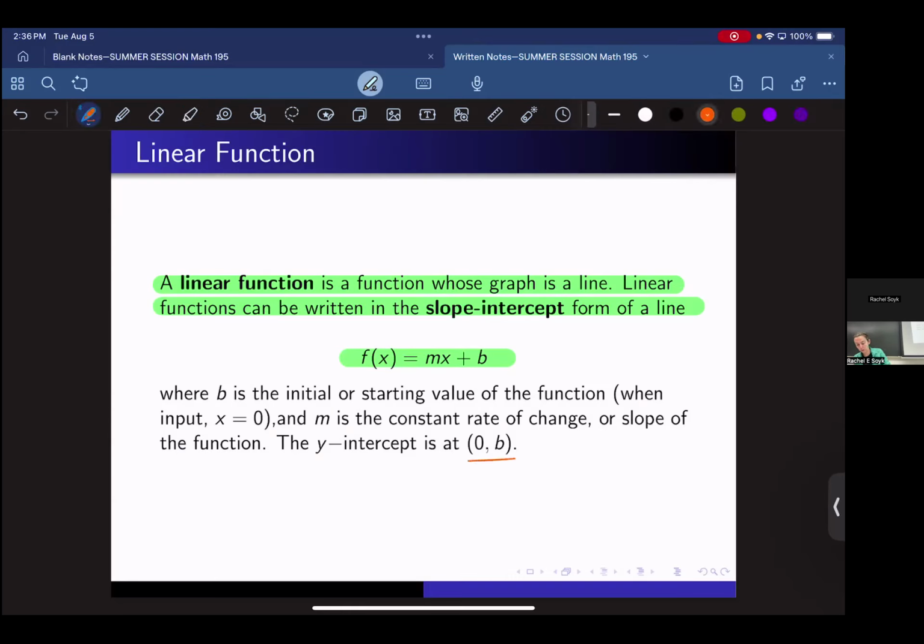Remember, the definition of y-intercept is when x is equal to 0. And your slope is your rise over your run. Definition, delta y over delta x, which is y2 minus y1 over x2 minus x1.